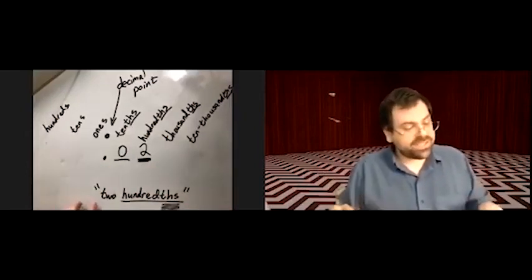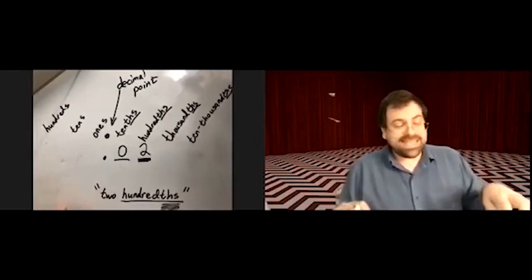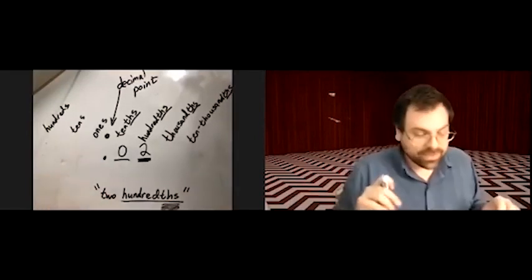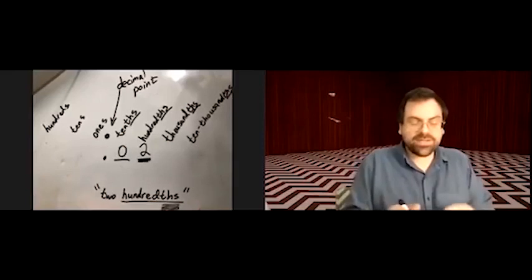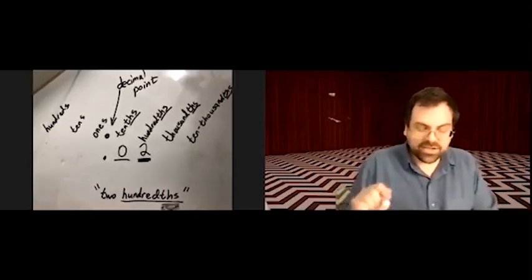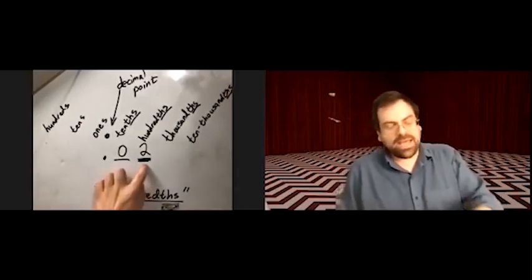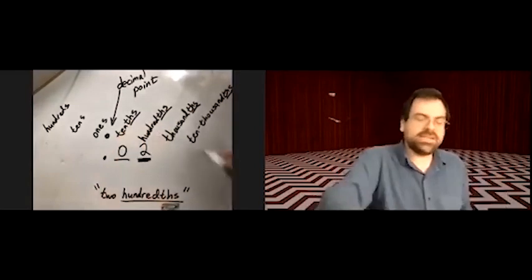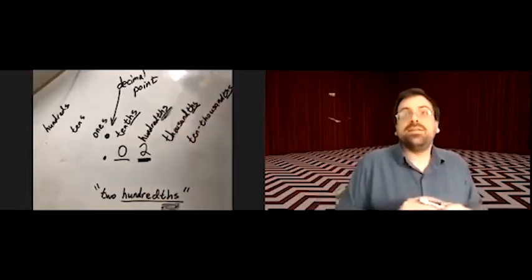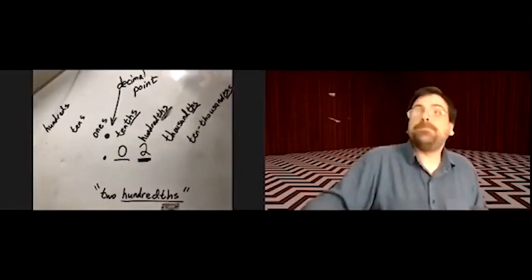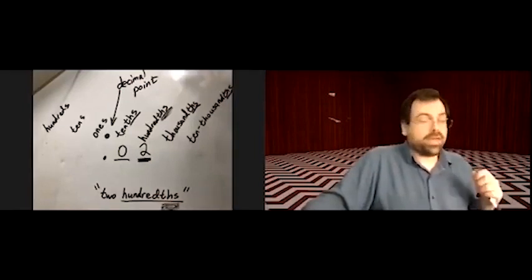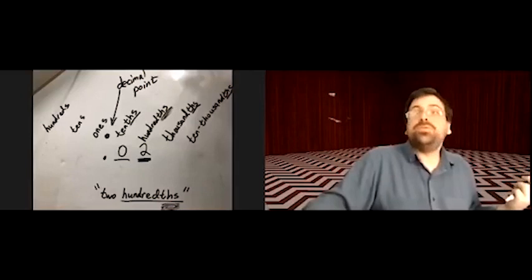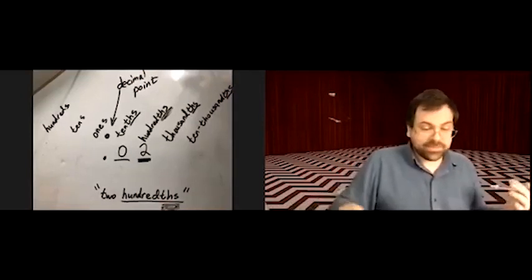So even though we don't see 0 and we don't see and to say put a decimal point there, 2 hundredths, since it ends in THS, would have an implied decimal point because we need to be in the hundredths place value. Okay, so now we know how to say and write decimals.